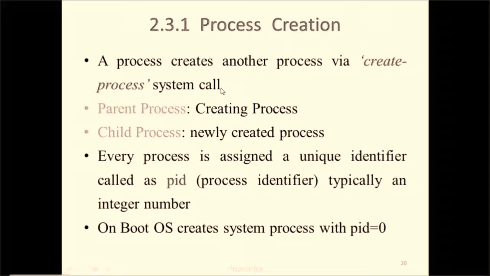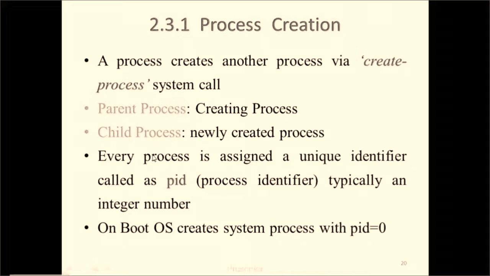So a process is creating another process, and the system call that is used is the create process call. The process which creates another process is called the parent process, and the process that has been created by the parent process is called the child process.